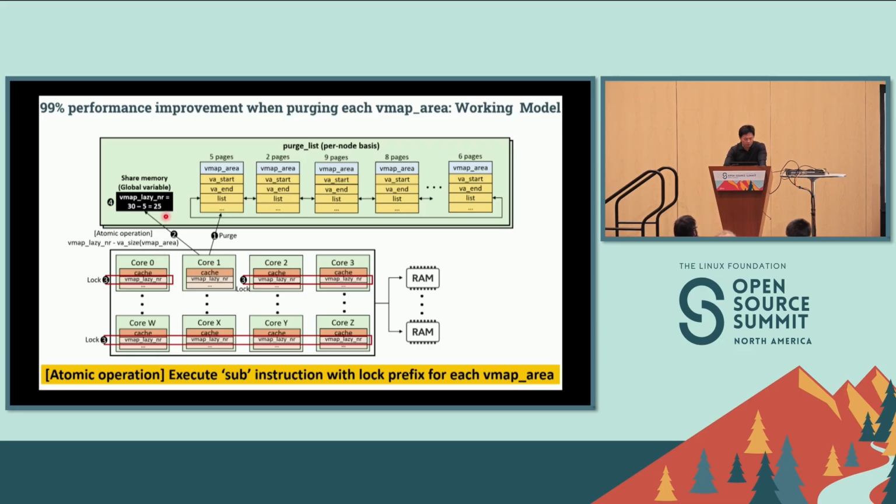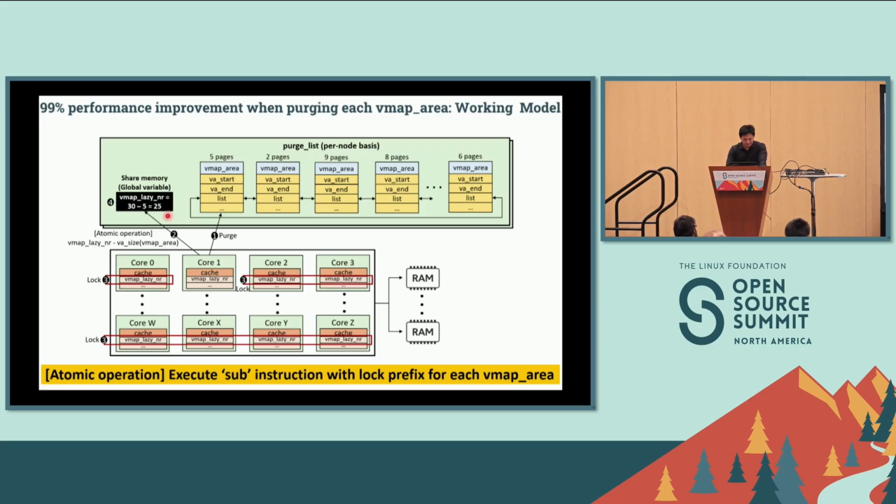The global counter is named vmap_lazy_nr. This global counter tracks how many pages are lazily held across all nodes.